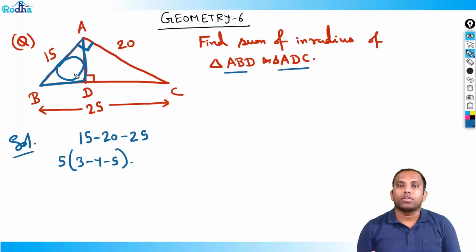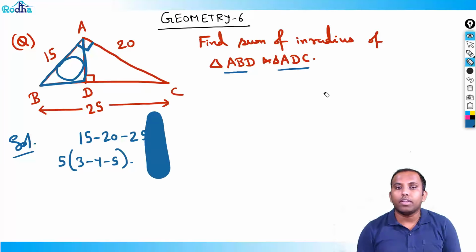Either area equals R into S, or inradius is semi-perimeter minus hypotenuse. In both cases, I need the semi-perimeter, which means I need all three sides. So 15 is already known, and I should first calculate AD here.